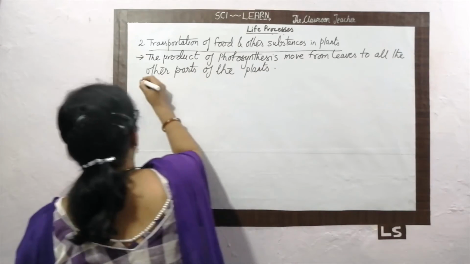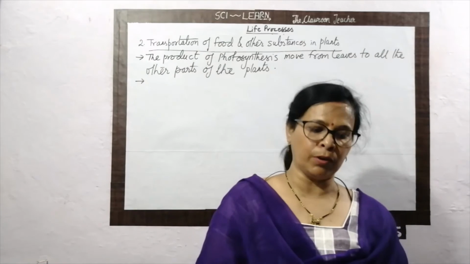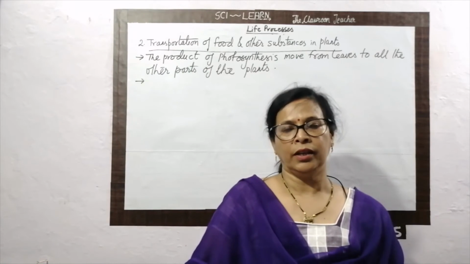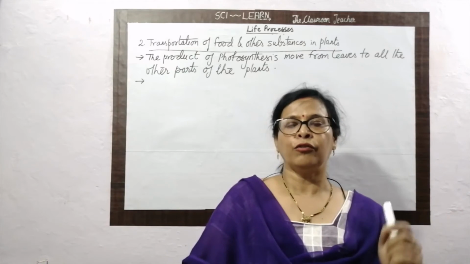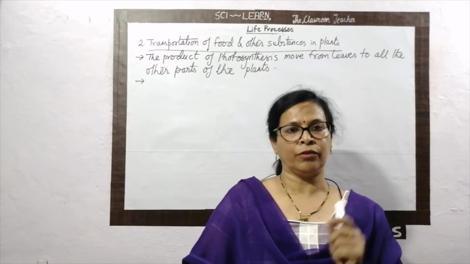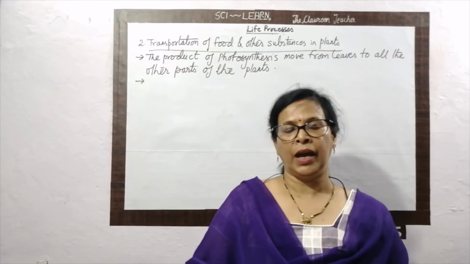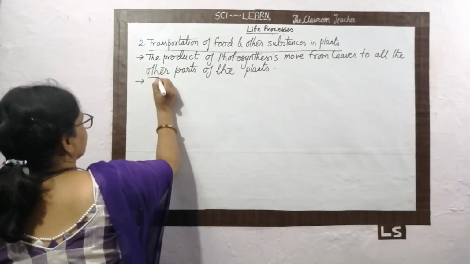The food is prepared by the process called photosynthesis, and that is performed in the leaves only. The site of photosynthesis is the leaf only. The transport of soluble product of photosynthesis from leaves to all the parts is defined by a term, and that term is called translocation.